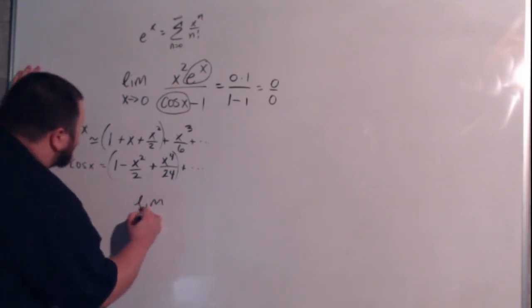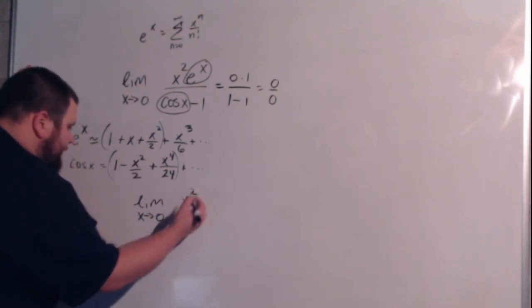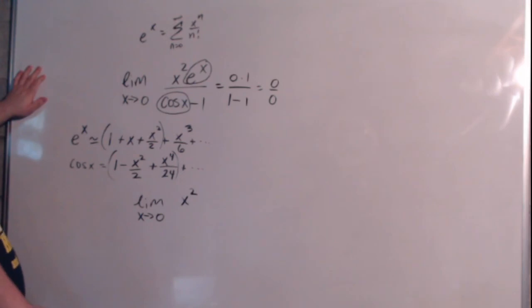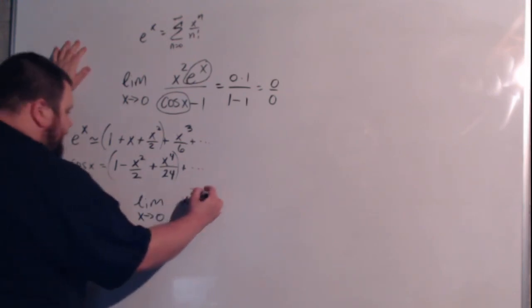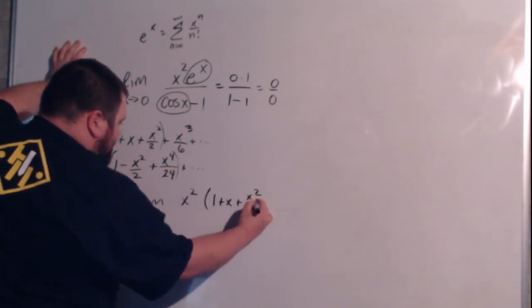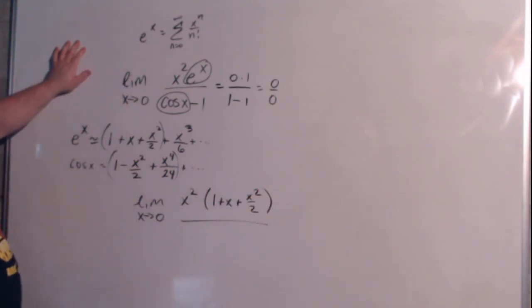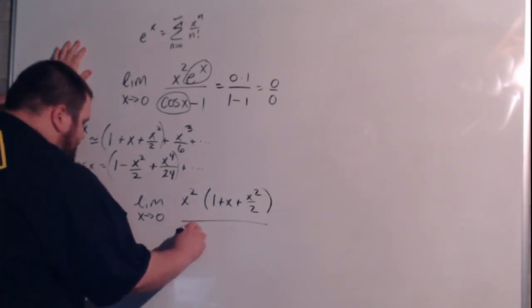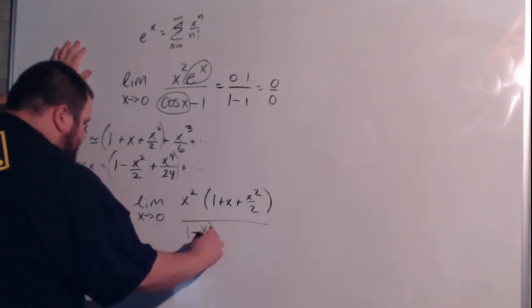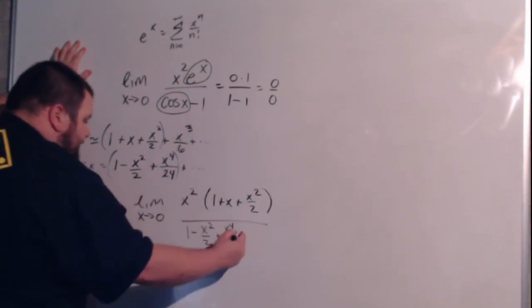So I have the limit as x approaches 0 of x squared times, e to the x is going to be replaced by 1 plus x squared over 2, and on the bottom, I have 1 minus x squared over 2 plus x to the 4th over 24, all minus 1.